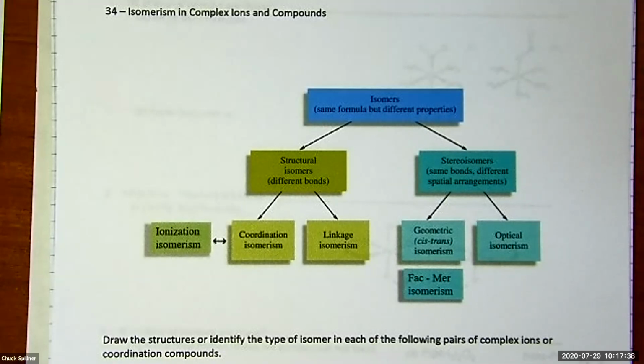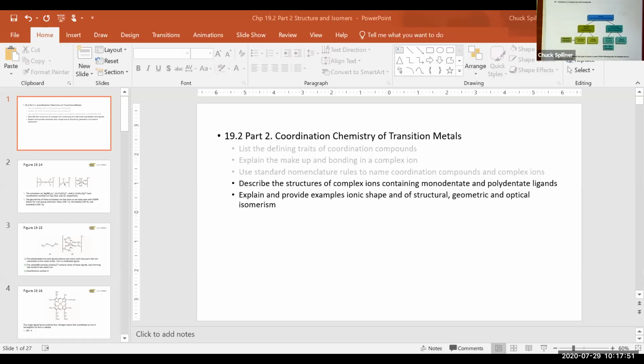So I'm going to share my screen and we will get started on the PowerPoint. All right. We'll start off with our objectives.